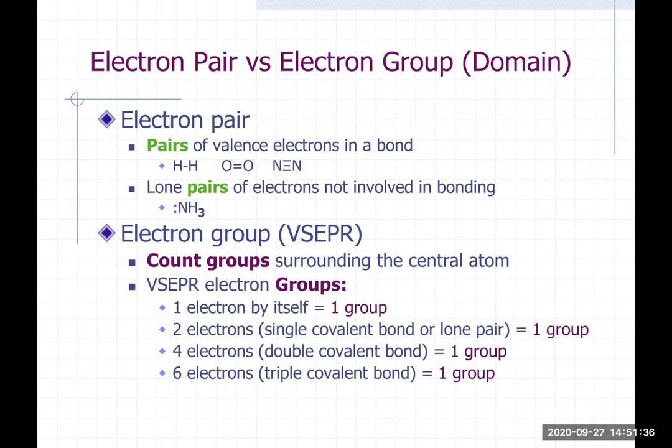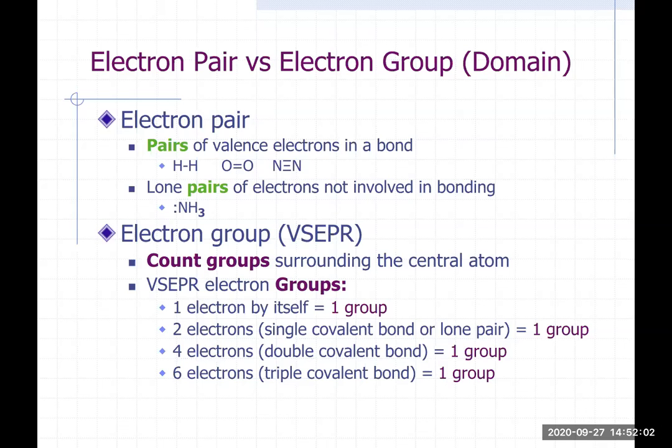What is the difference between an electron pair and an electron group, which is also called an electron domain? Unfortunately, in Tyler DeWitt's video, he calls an electron group, electron domain, or VSEPR group, which is the proper chemical scientific term, a thing.